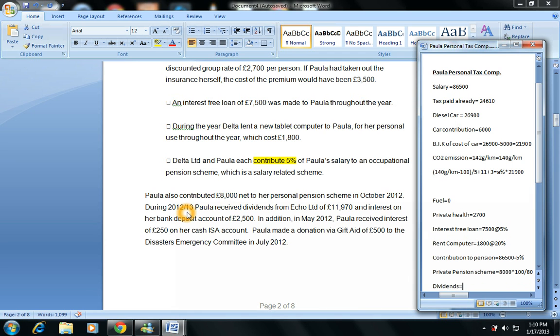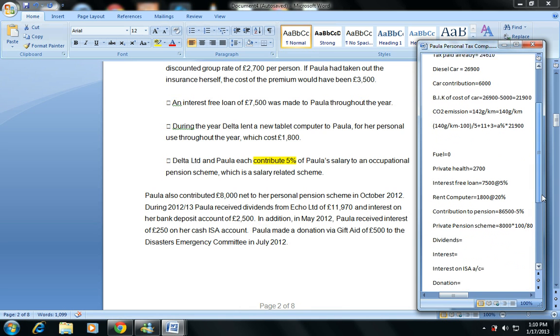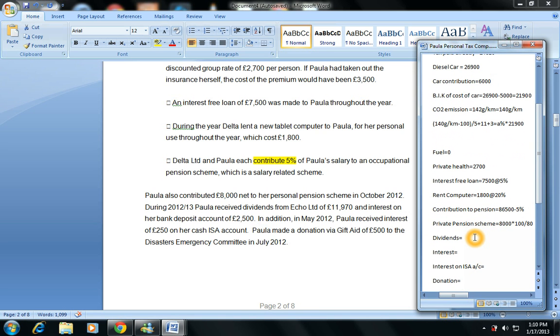Right, so let's go to dividend. During 2012-2013, Paula received a dividend from Echo Limited of 11,900 and an interest on her bank deposit account of 2,500. All of these you gross them up, as I said, but for dividends, grossing up is slightly different. It's not 20% gross up, it's 10%. So what we do is 11,970 times 100 divided by 90.